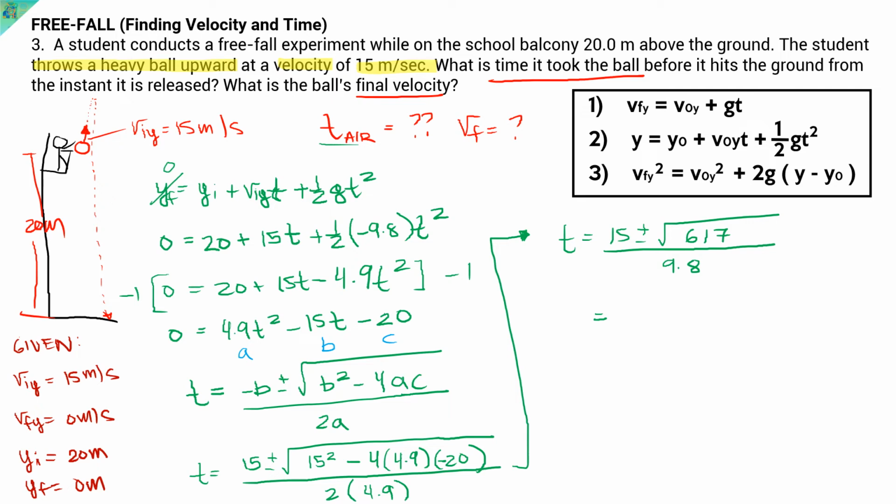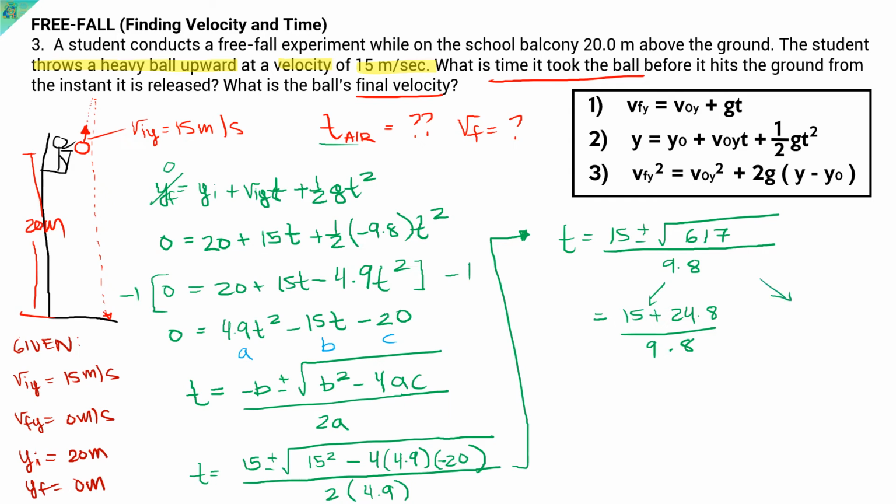Okay, so the square root of 617 will give you two types of answer. If you compute the square root of 617, that will be 24.8, which means you're going to have 15 plus 24.8 over 9.8, and that will give you a positive answer.